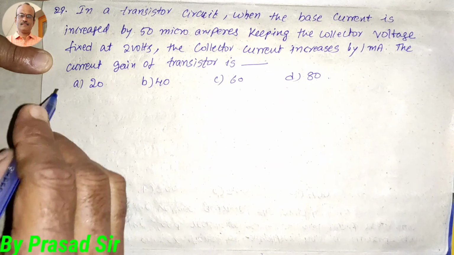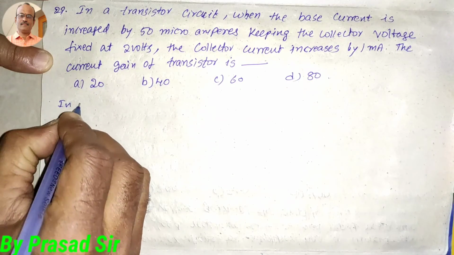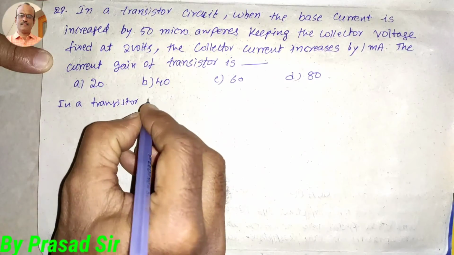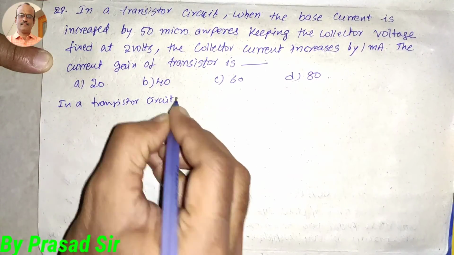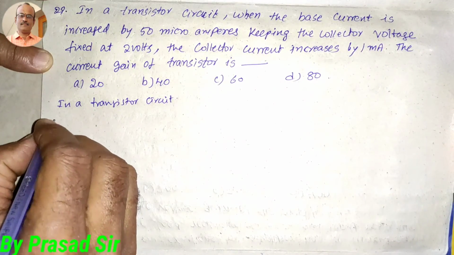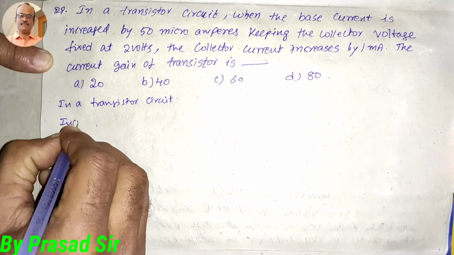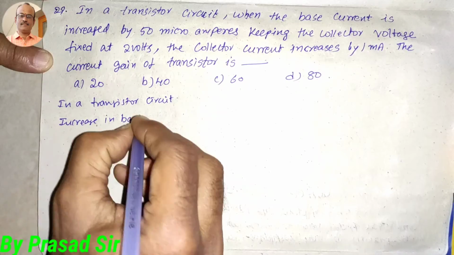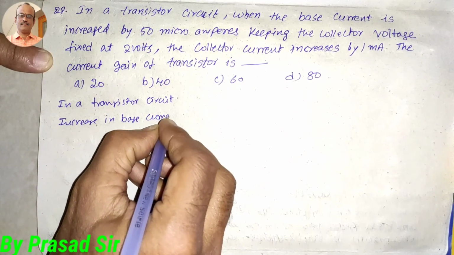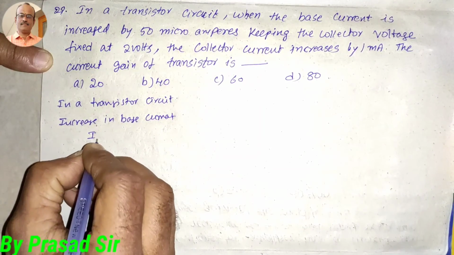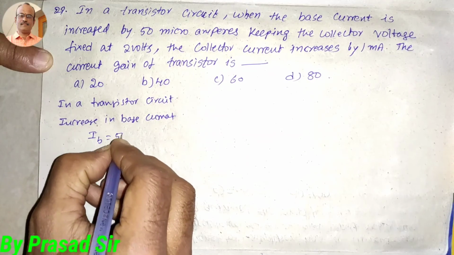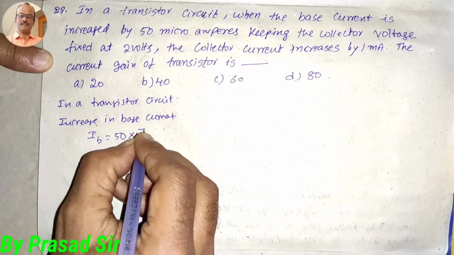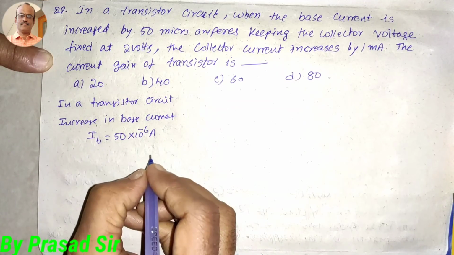So first of all, in a transistor circuit, the increase in base current, that is delta IB is equal to 50 micro, which is nothing but 10 to the power of minus 6 amperes.